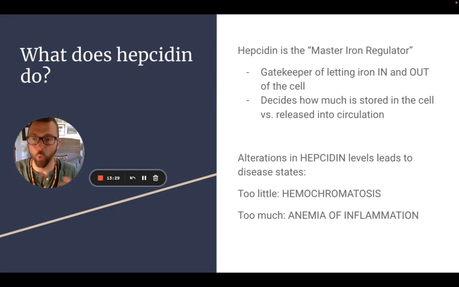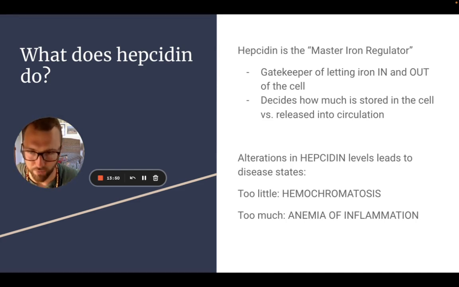Hepcidin is like the warden of the iron prison yard, right? It is the gatekeeper of letting iron into the cell or out of the cell, right? It is the one determining what balance looks like at any point in time. So it's deciding what's stored in the cell and what's being released into circulation, right?